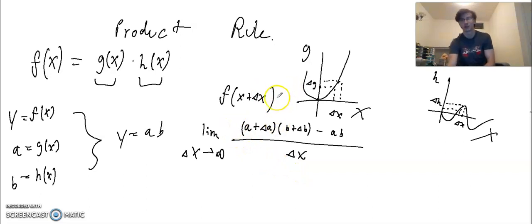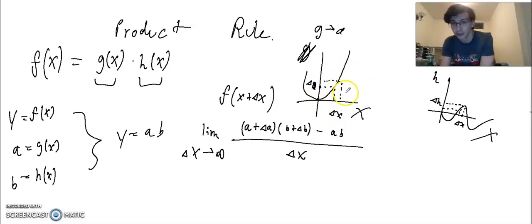So let me explain where this delta a and delta b comes from. I'm looking at the time, we're actually going to have to do an example in a different video, but I'll make sure it's a good long example. So if we redefine this function, instead of g it's just a, then you'll see that delta a and delta x are pretty much equal.